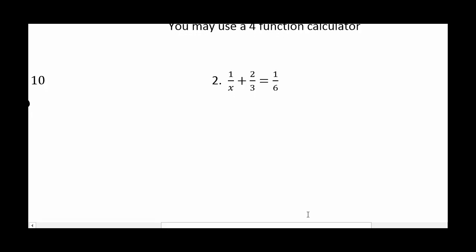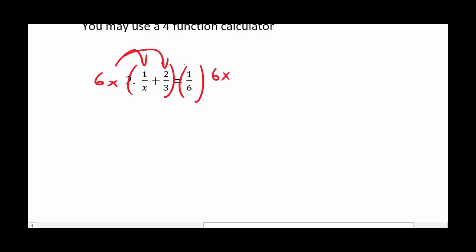Okay, over in number 2, I want to find a common denominator between x, 3, and 6. So I'm going to multiply both sides by the same expression. So I'm going to choose to multiply by 6x, because that would be the denominator that all three of those have in common.